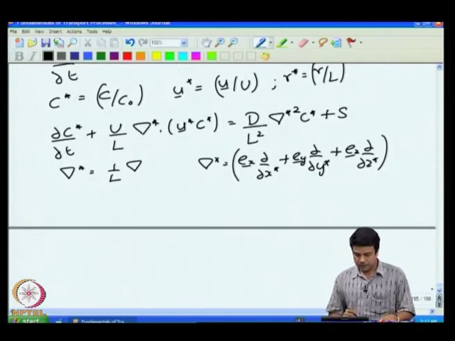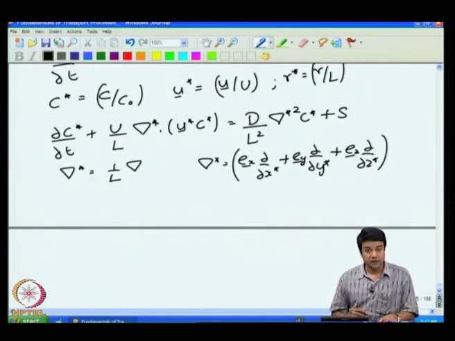So, now if I take this equation, I haven't yet scaled t.